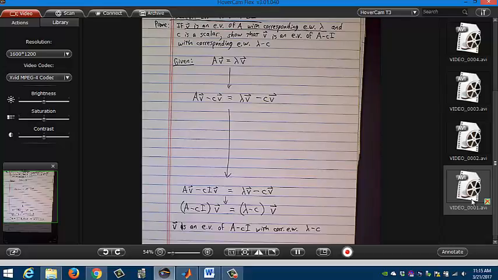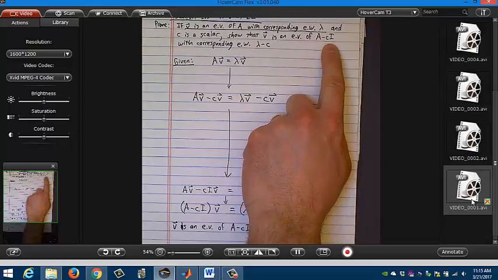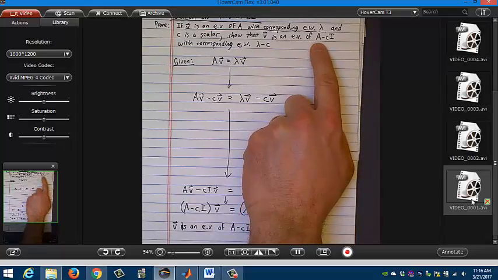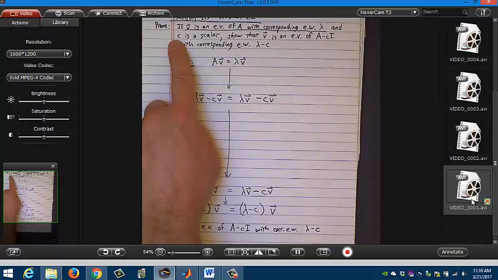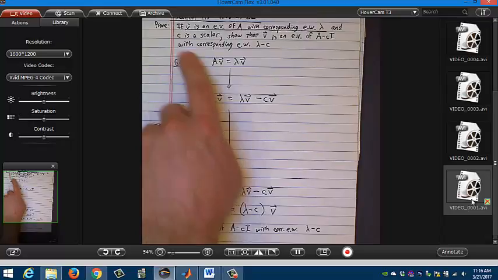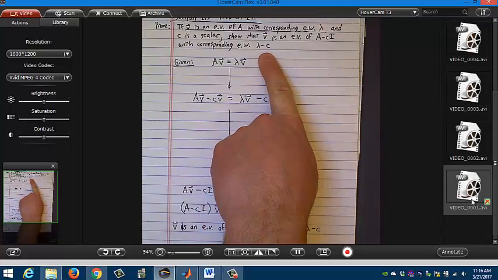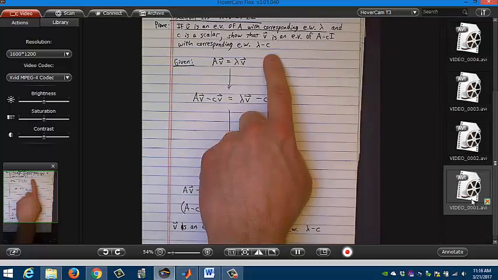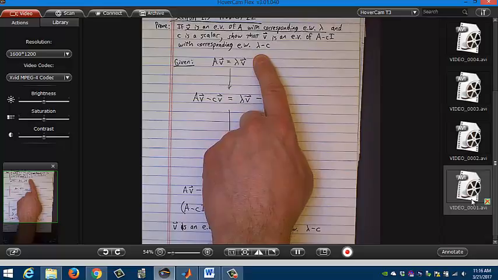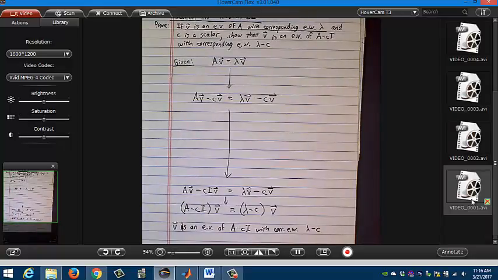It says that with this thing A minus cI, you could take a matrix A and subtract a bunch of things from the diagonal. As long as you're subtracting the same thing, you're not going to change the eigenvector. You will only change the eigenvalue, and you'll change it in a predictable way. Subtracting cI from a matrix is the same as subtracting c from the eigenvalue.